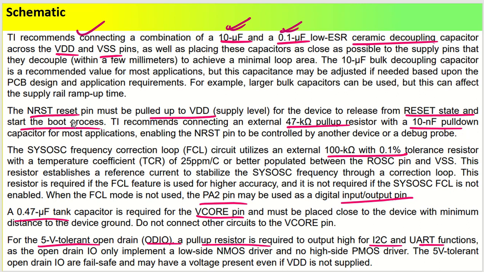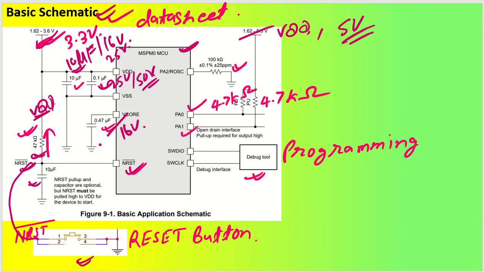So the reset pin must be pulled high, and whenever it has to go to reset, the push button will be pressed and it will go to ground. That's the reason TI recommends connecting an external 47 kilo ohm pull-up resistor with a 10 nanofarad pull-down capacitor. Here there was a mistake. They should not connect 10 microfarad. It should be 10 nanofarad.